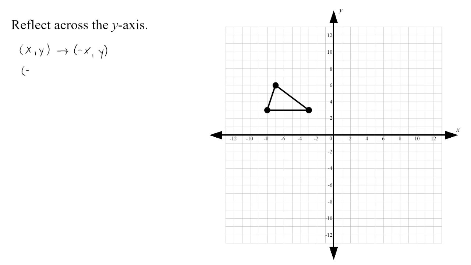We have -8, 3. We have -3 and 3. And we have -7 and 6. And next, we're going to plug those points into the transformation rule.